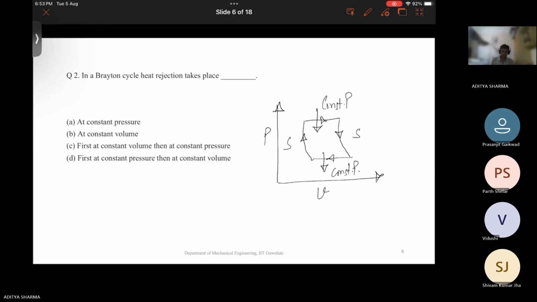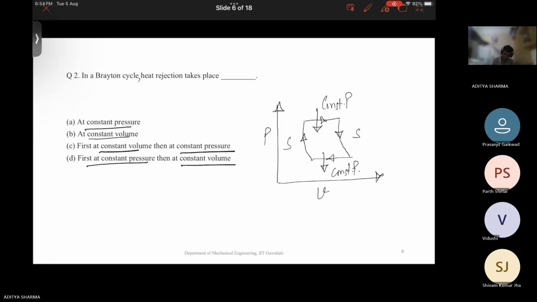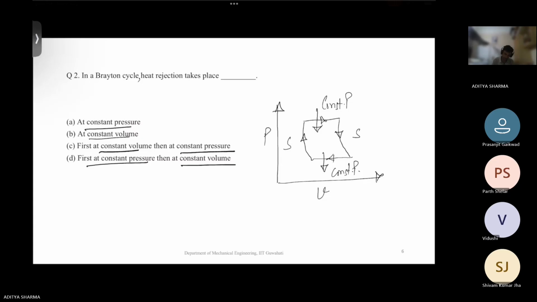So in the Brayton cycle, heat rejection takes place at constant pressure, constant volume, first at constant volume then at constant pressure, or first at constant pressure then at constant volume. So here, option A is correct.